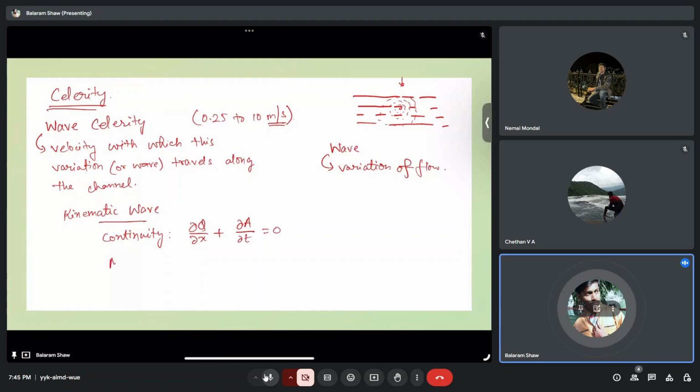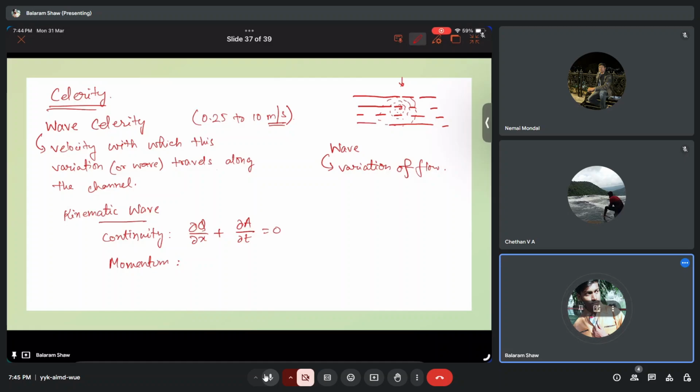The momentum equation has only the bed slope term, the gravity term and the friction term, and from there we got S naught equals SF.